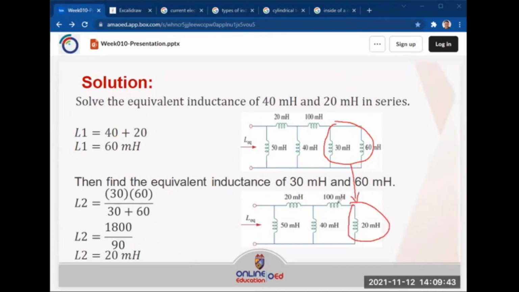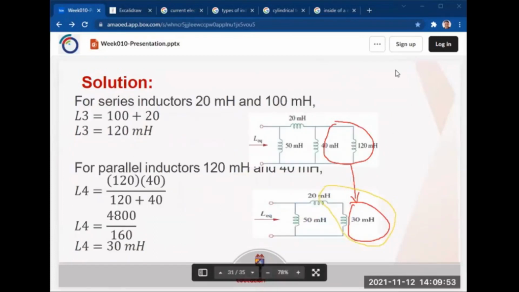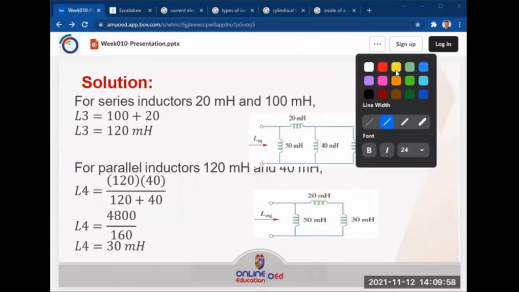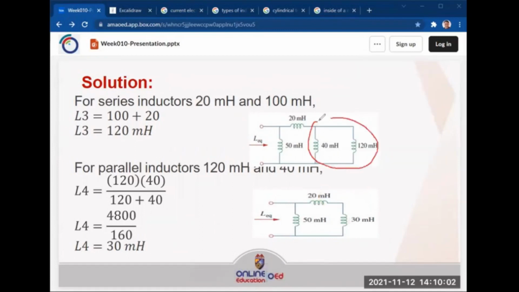Next, we have here 100 millihenries and 20 millihenries in series. So this will be equal to 120. Next, we have 120 and 40 in parallel. Should be equal to 30.